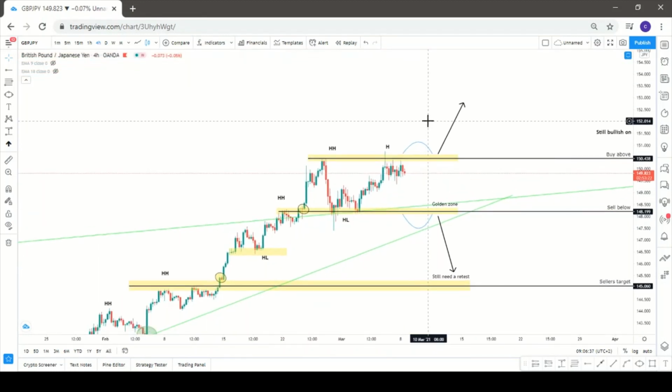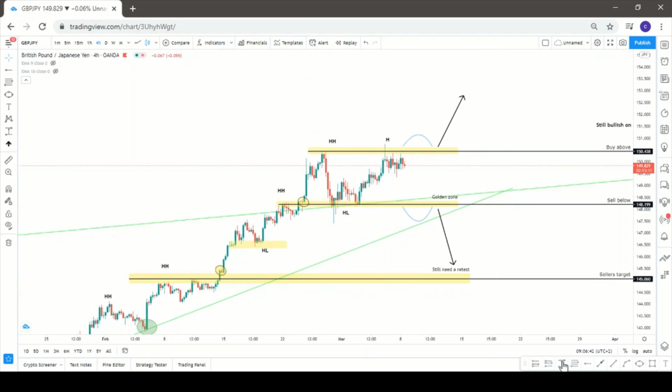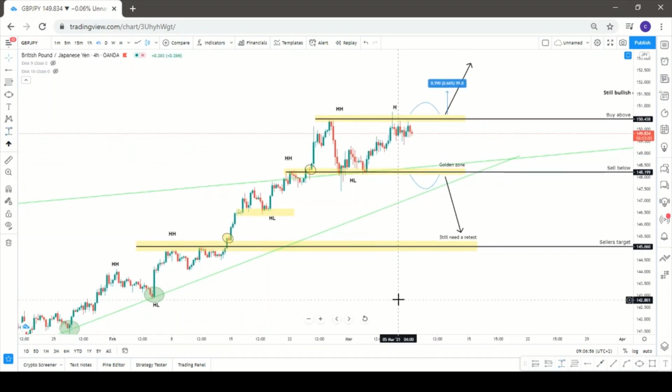But because it's that far away, I'd only be targeting about 50 to 100 pips. Just to keep it on the safe side, and I'm looking for a break-even trade. So that would kind of be my target when I jump in long on this trade. I wouldn't look for anything more.